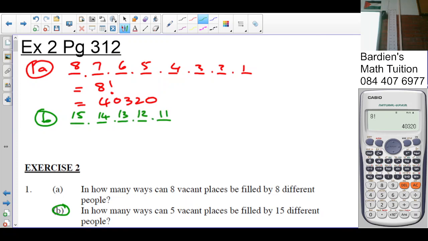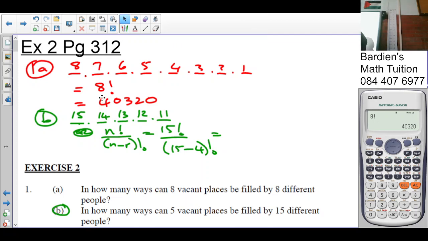You can work that out, or we could have said n factorial over n minus r factorial, which is 15 factorial over 15 minus 5 factorial.